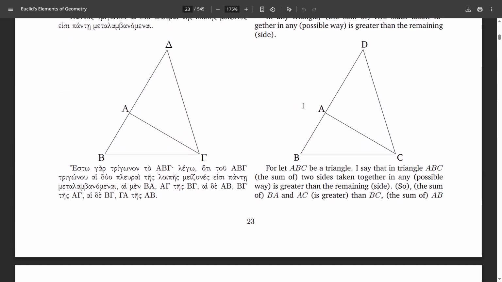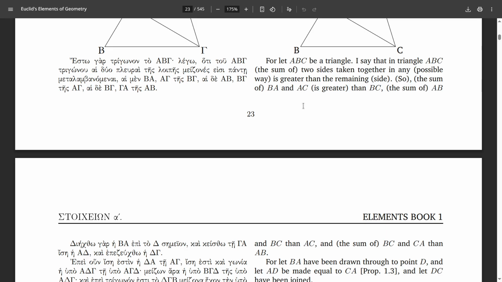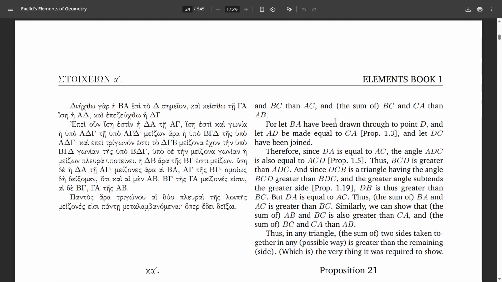That gave me D all the way up there, and then it's telling me to join to C. Yeah, equal to CA, and then let DC have been joined. Yeah, DC. I can't keep the ruler straight. There you are.